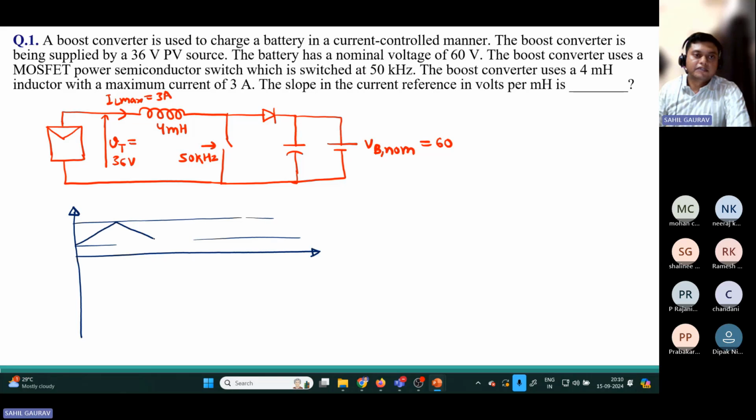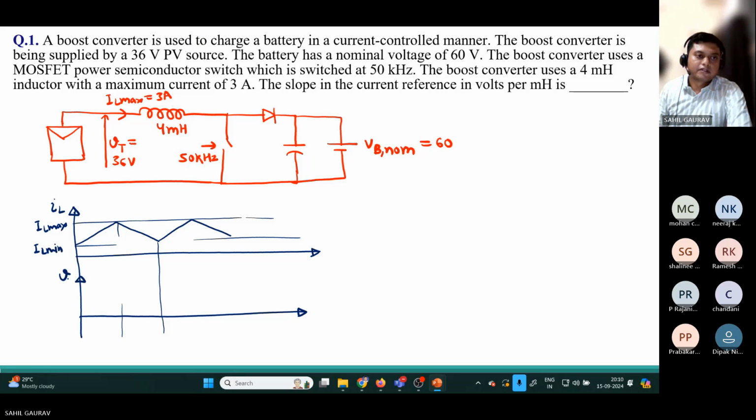So during charging, then discharging. So this is IL, this is IL max, this is IL min, and then we have the inductor voltage.